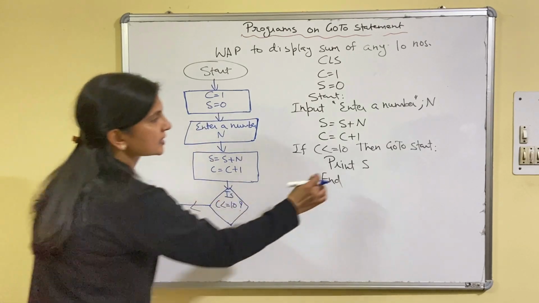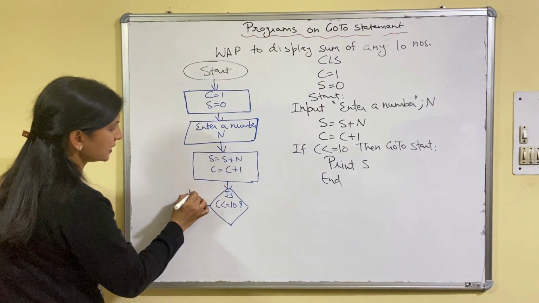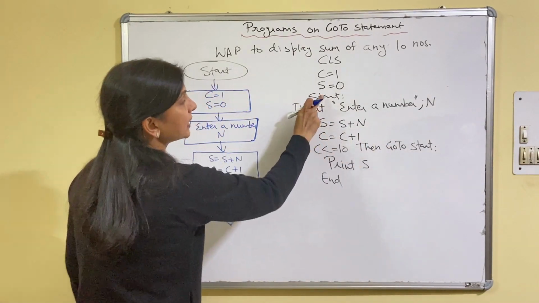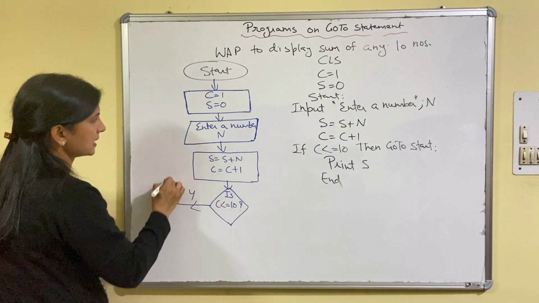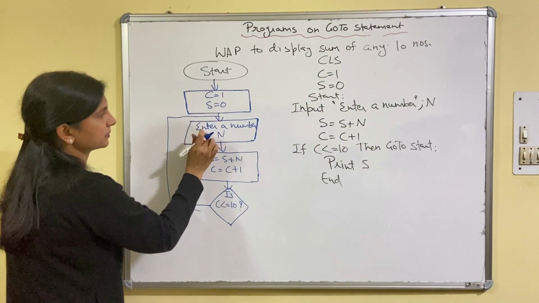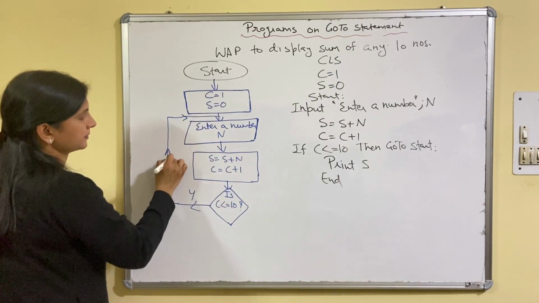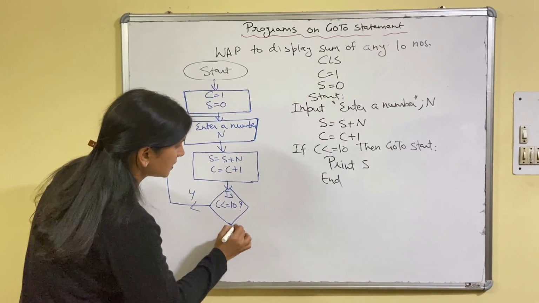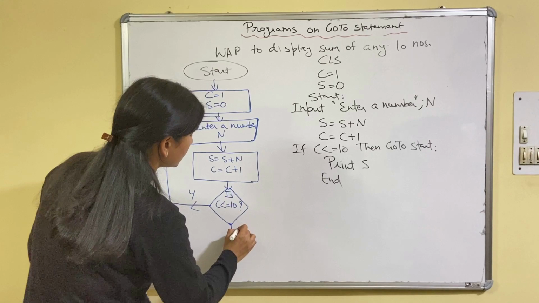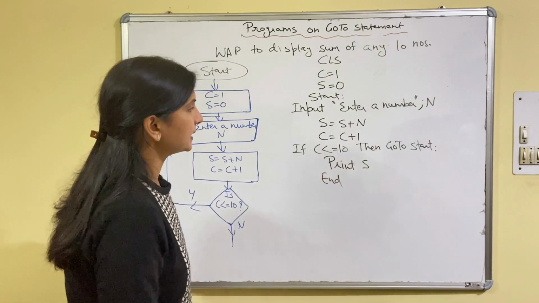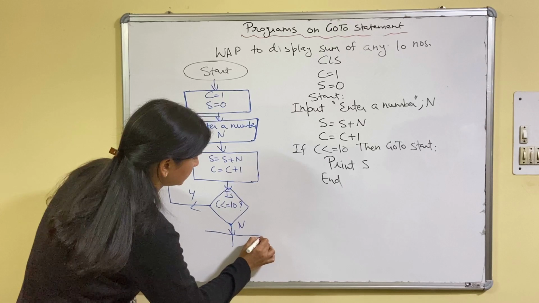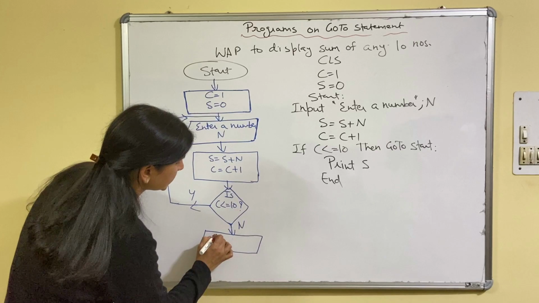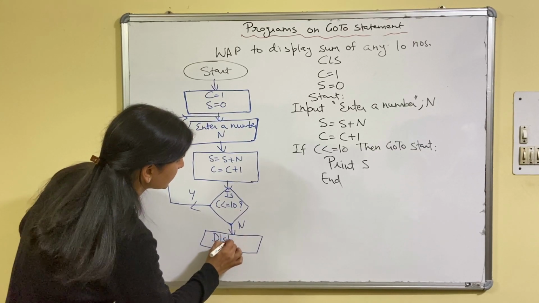Then go to start. If this condition is true, means if it is yes, then it should go to start. And where is start? Above the input. Fine. If the condition is false, means no, then print S. Print S, or display S you can write, print S will also be okay.